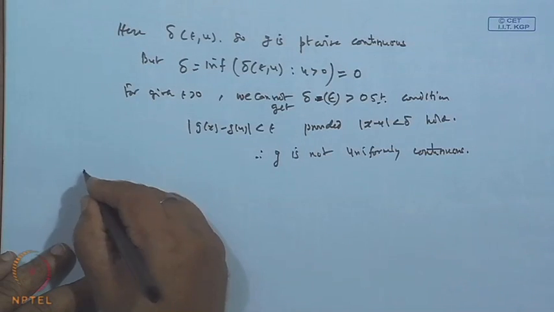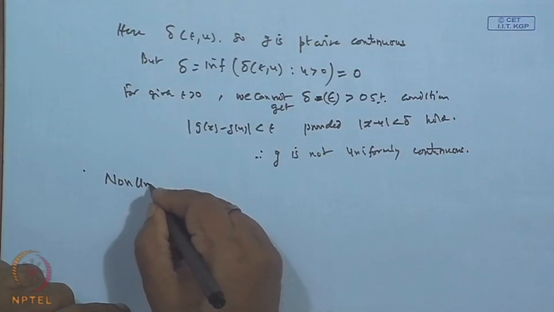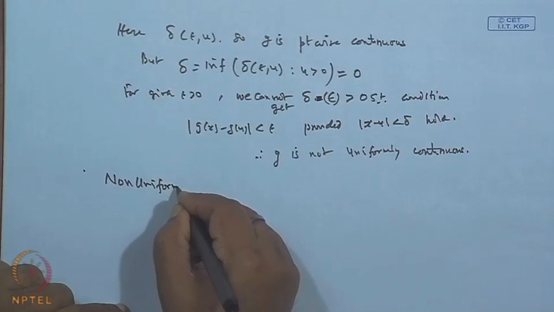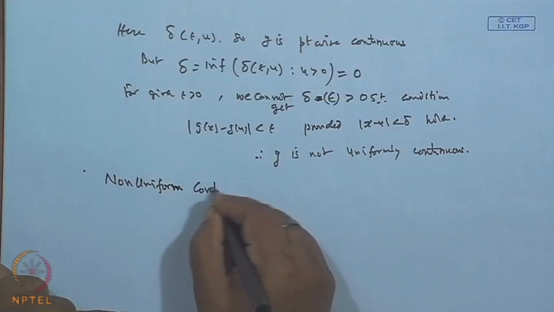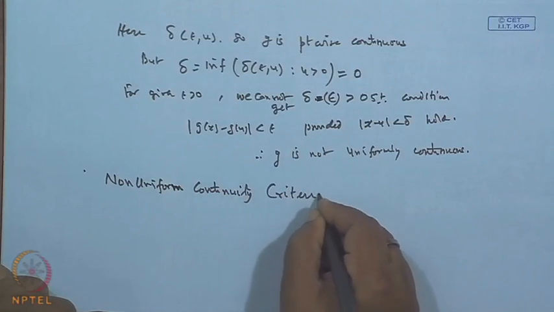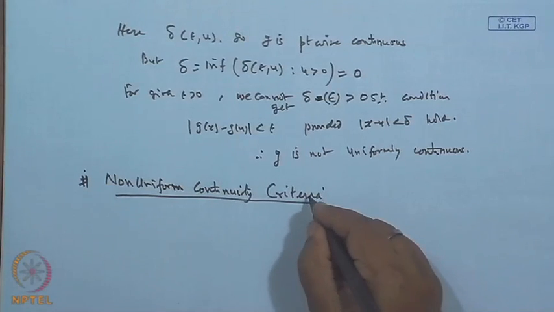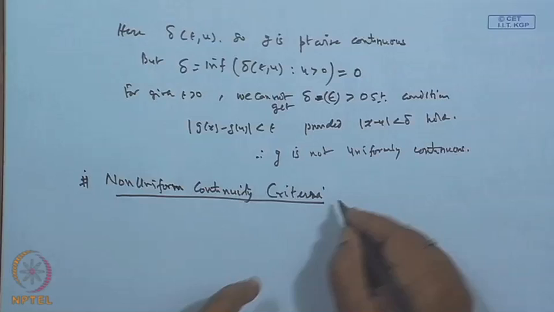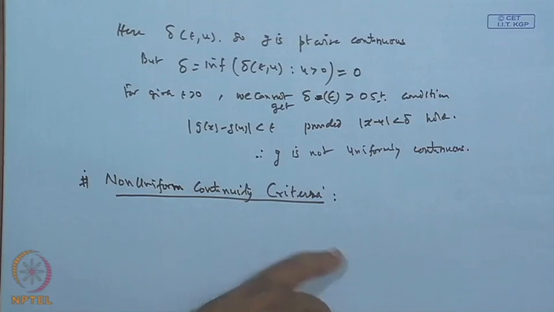The non-uniform continuity criteria. This will be needed. The proof we are just dropping, but it can be easily done with the help of previous knowledge.